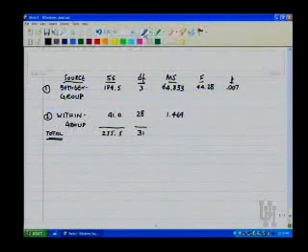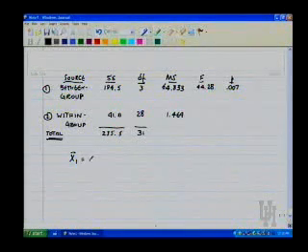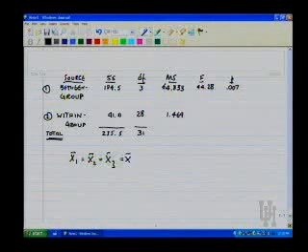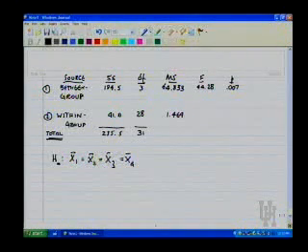If the null hypothesis is that x bar 1 equals x bar 2 equals x bar 3 equals x bar 4. That's the null hypothesis.